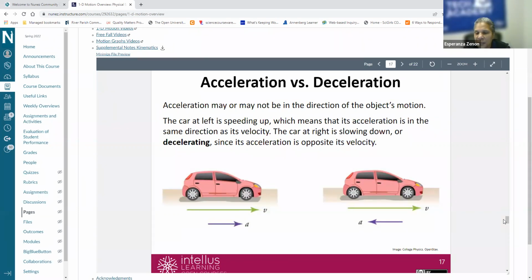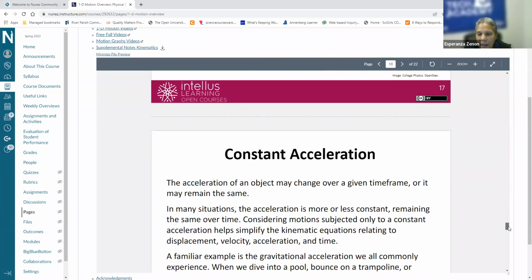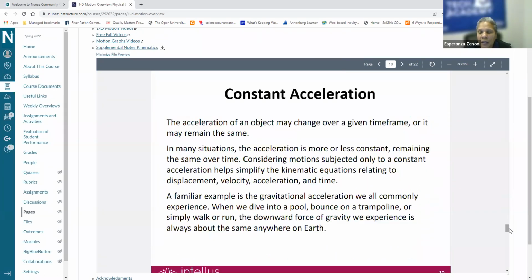If the car is speeding up, for example, the acceleration is going to be positive. If the car is slowing down, the acceleration is going to be negative. That's how we're going to use it, so that we keep it simple.